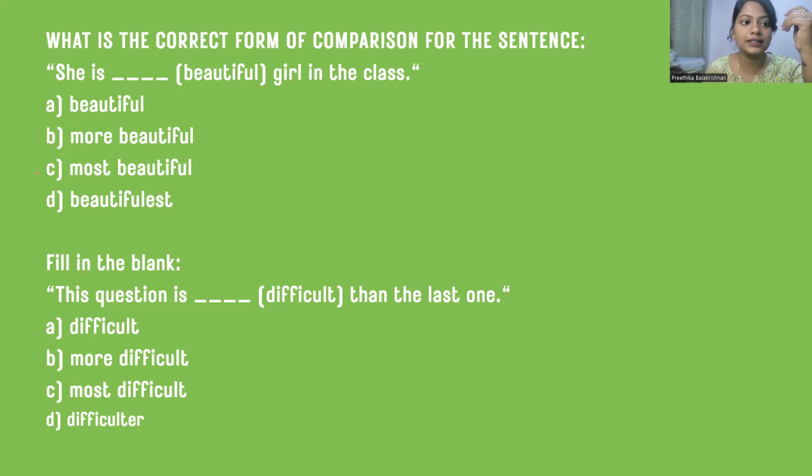So the answer is most beautiful. Next one. This question is dash difficult than the last one. Difficult, more difficult, most difficult. Here they use than, so it talks about only two things. The comparison is happening between two things. So it is more difficult.